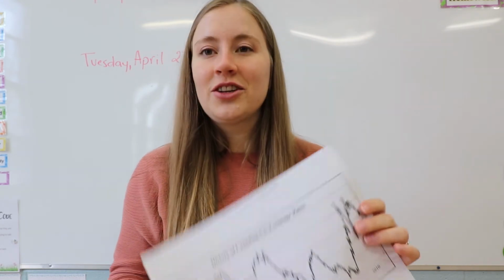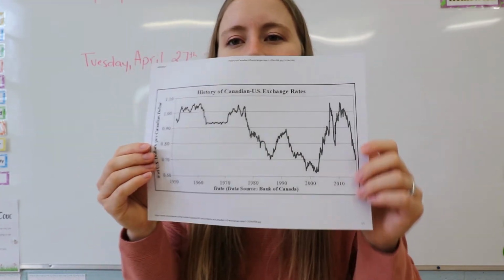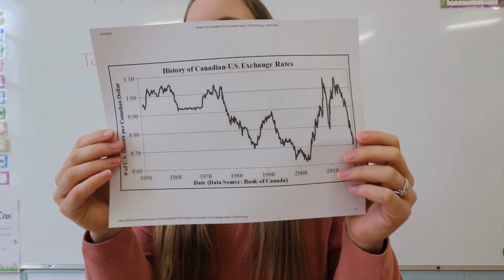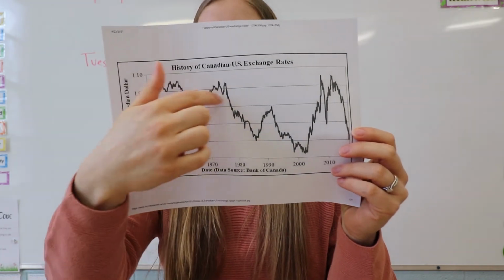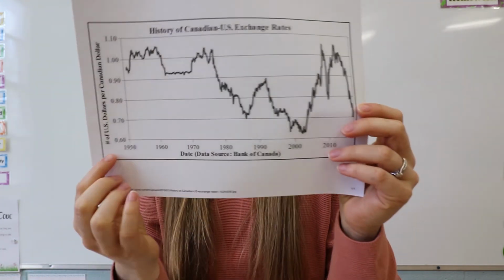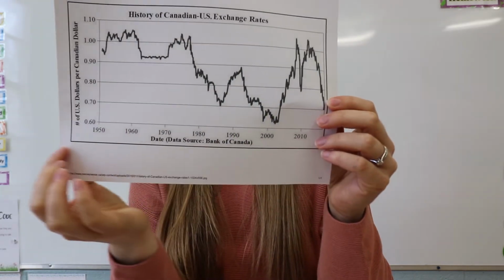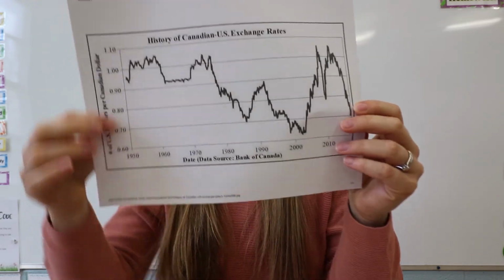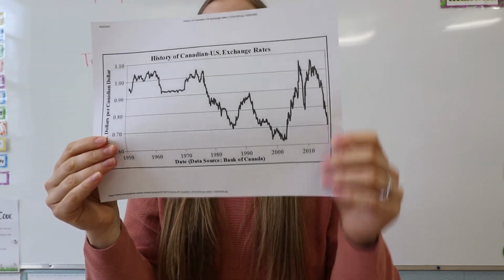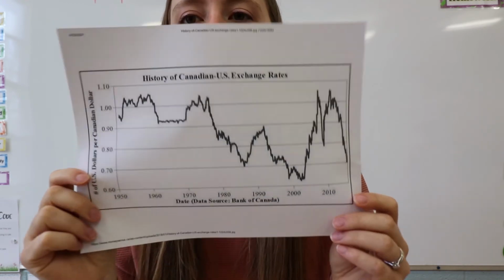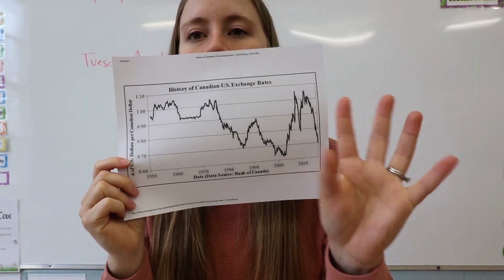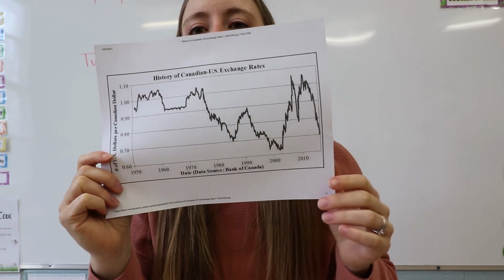Okay, and the last one I want to show you, and this one's all zigzaggy because it changes a lot. So there's actually probably a lot of points in between all of these times, but you notice the scale is pretty big. It's a 10-year scale on the bottom, and then our scale here is pretty small because this is the value of the Canadian dollar compared to the American dollar, okay?